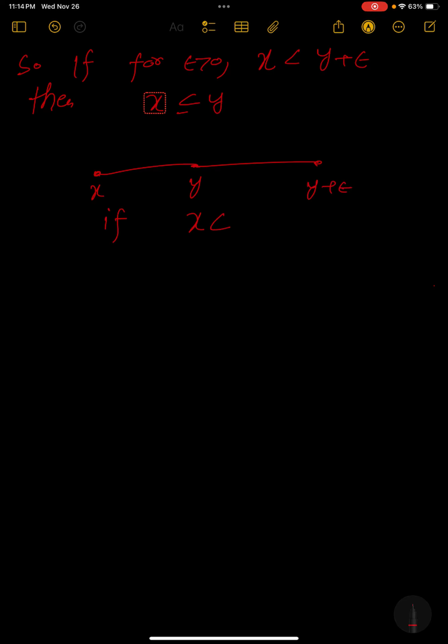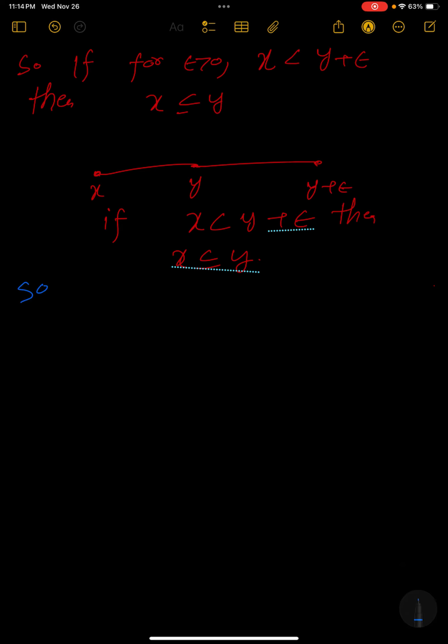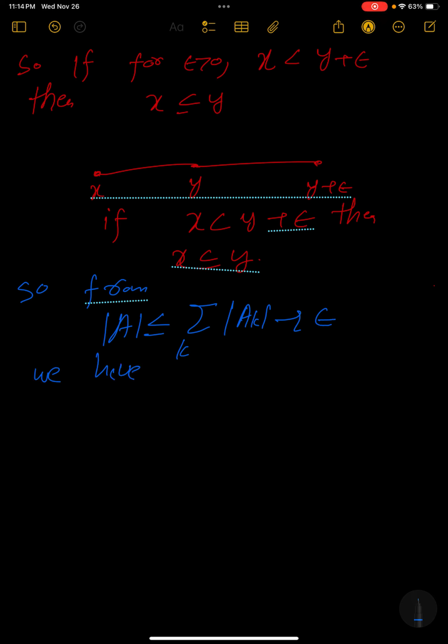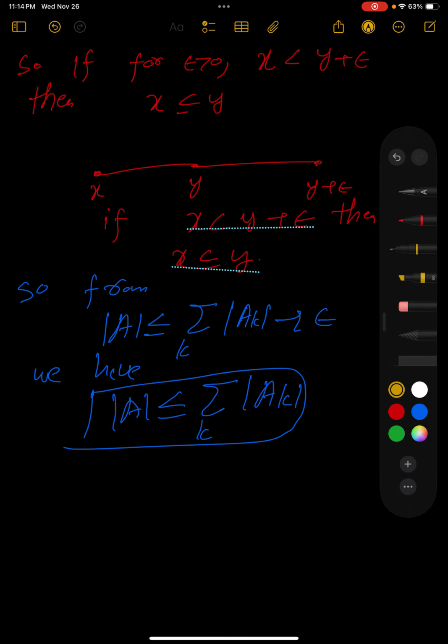If x is less than y plus epsilon, then we can say that x is less than or equal to y. So from the outer measure of A being less than or equal to the sum of the outer measure of Ak plus epsilon, we have that the outer measure of A is less than or equal to the sum of the outer measure of Ak, and that was our proof.